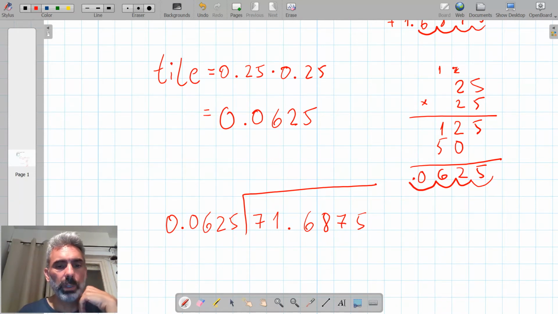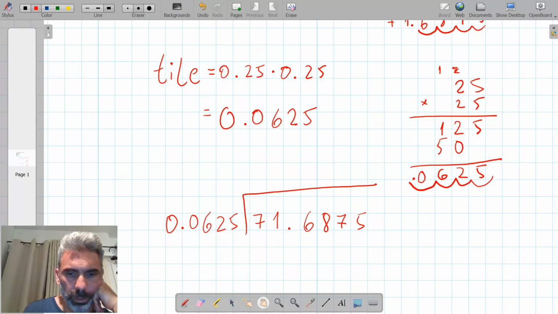Okay, to do this division problem, I need to shift the decimal point 4 places to the right. So I have a divisor that is not a decimal number.